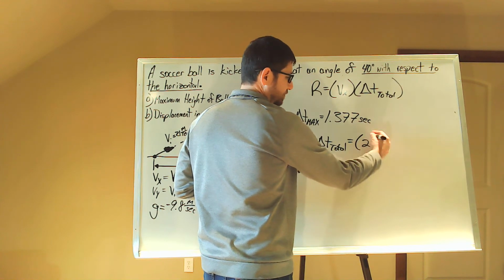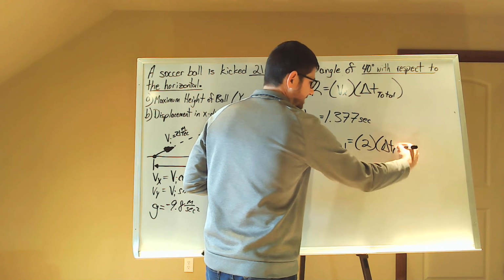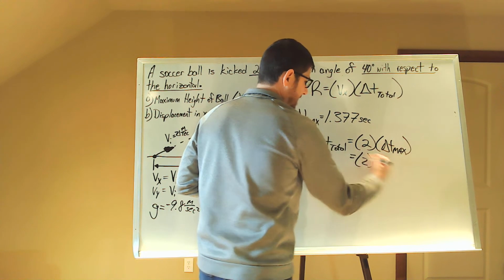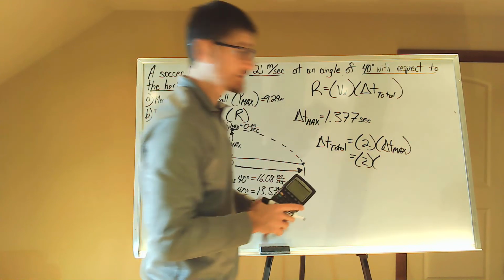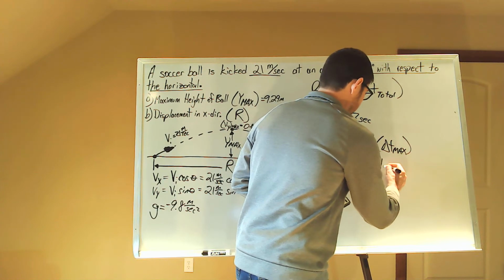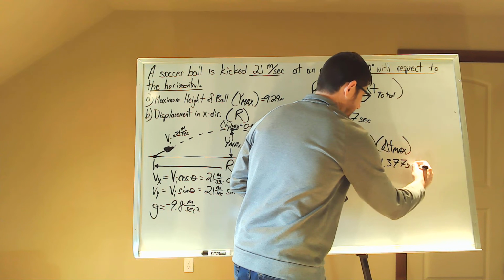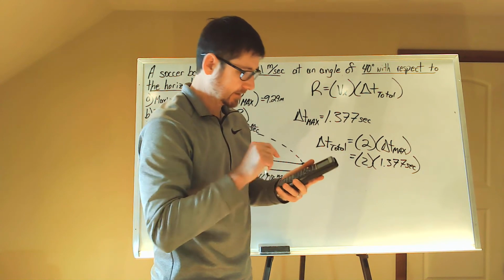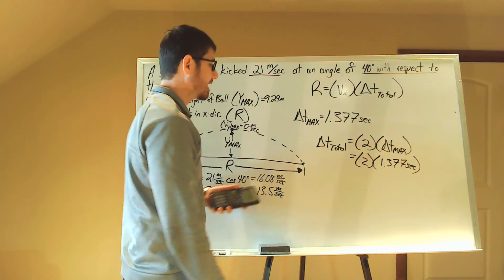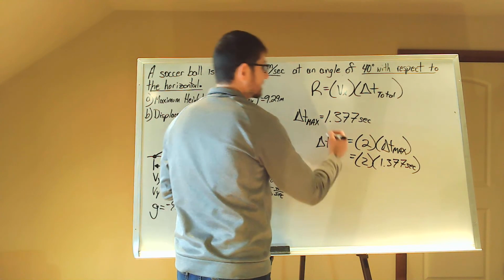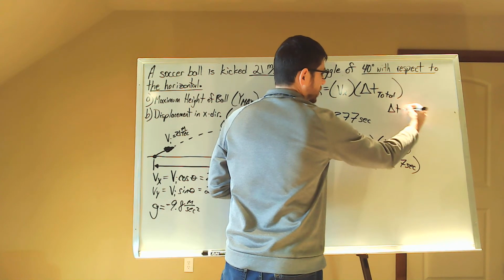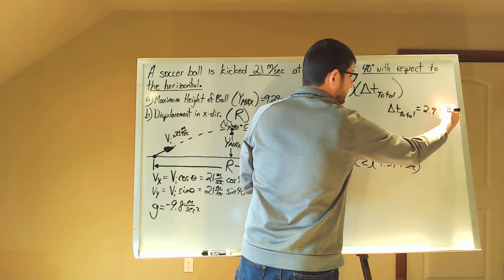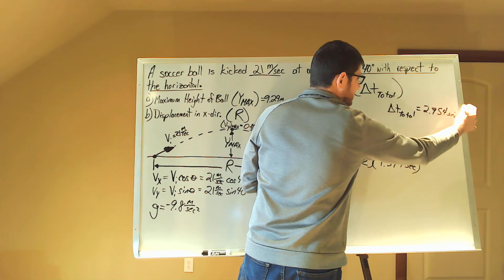Now, to calculate delta t total, this is 2 times delta t max. So 2 times 1.377 seconds. This gives me 2.754. So delta t total is 2.754 seconds.